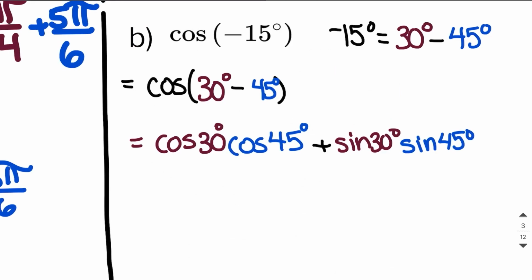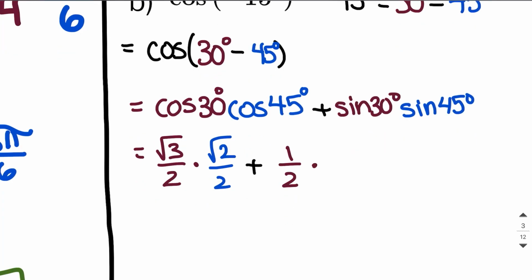So we know that the cosine of 30 degrees is going to be root 3 over 2. And we know that the cosine of 45 degrees is going to be root 2 over 2. Plus, and then here we've got the sine of 30 degrees would be 1/2. And then the sine of 45 would be root 2 over 2.